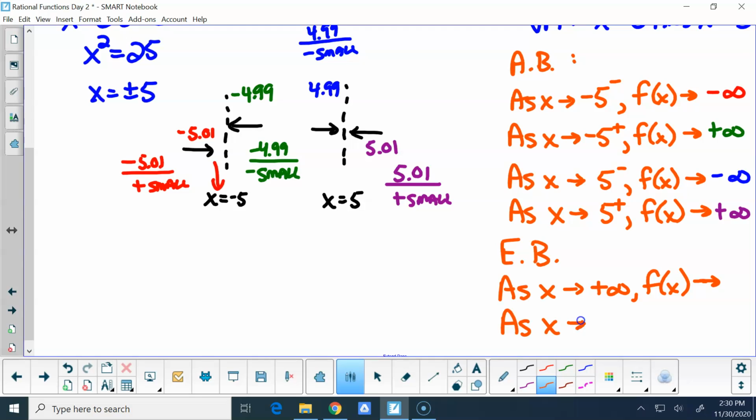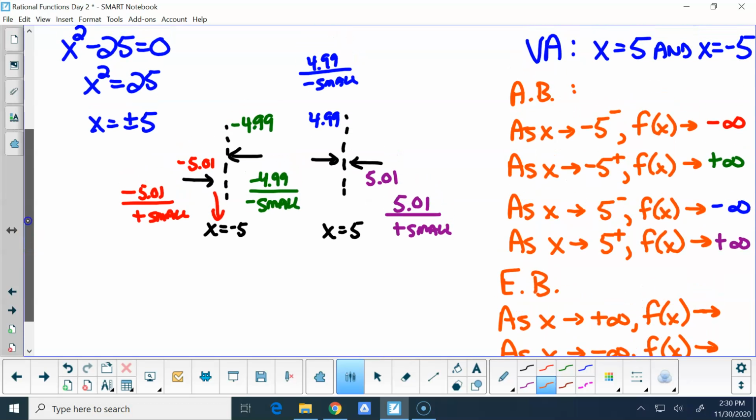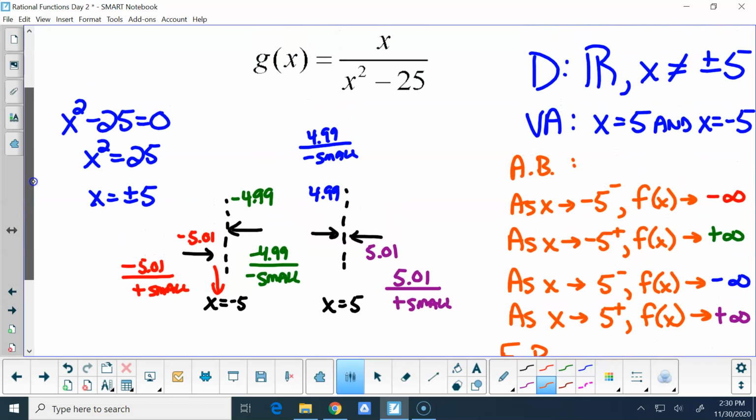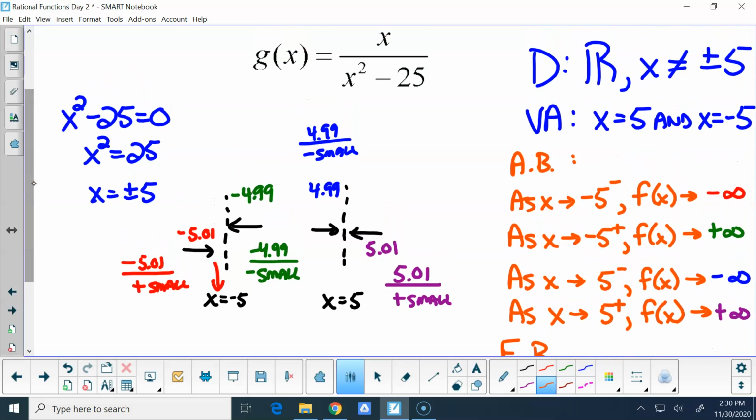And as x approaches negative infinity, my function is going somewhere. Okay? So let's scroll back up here, get the function in the frame with us.